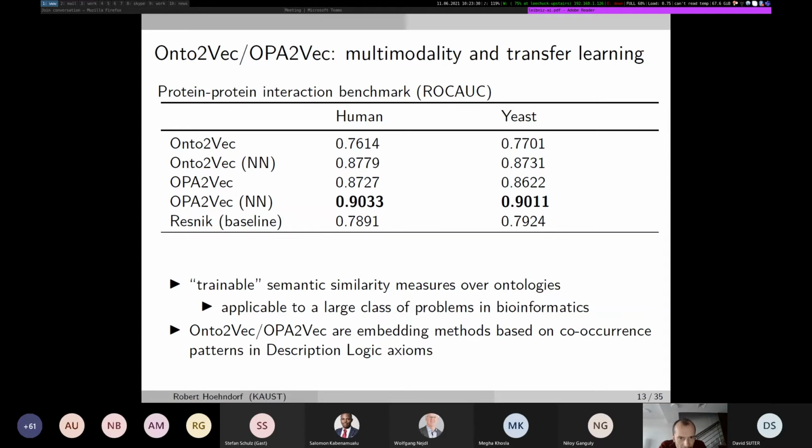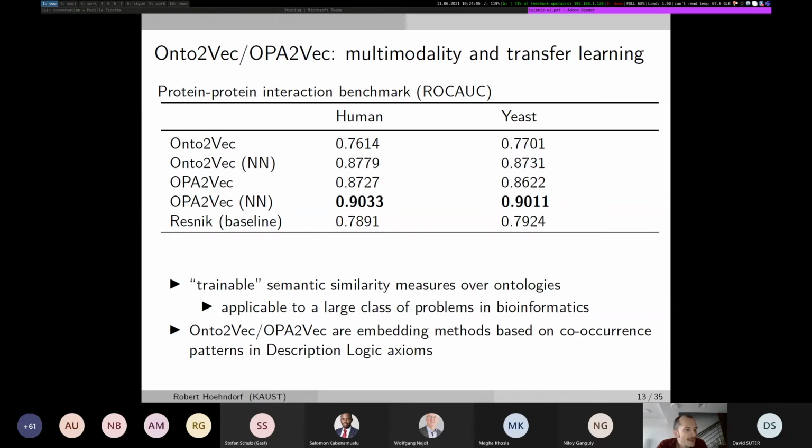And we could improve on this benchmark by almost 0.1 AUC, over 0.1 AUC. This was nice. And at this point, we found that this would work as a trainable semantic similarity measure over ontologies. And this is something that is applicable to a very large class of problems in bioinformatics.